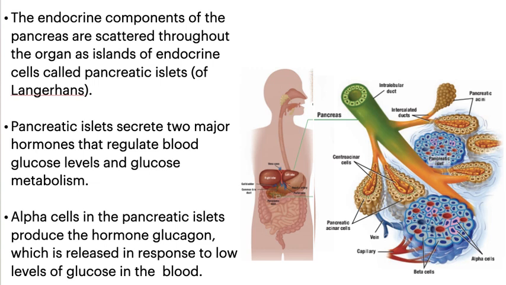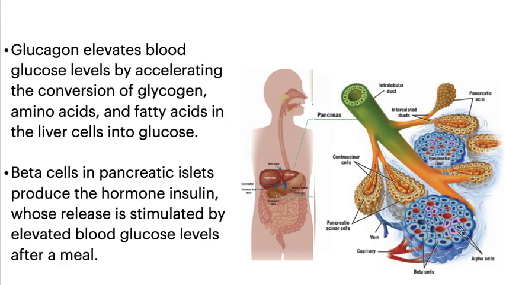The alpha cells in the pancreatic islet produce the hormone glucagon, which is released in response to low levels of glucose in the blood. Glucagon elevates blood glucose level by accelerating the conversion of glycogen, amino acids, and fatty acids in the liver cells into glucose.